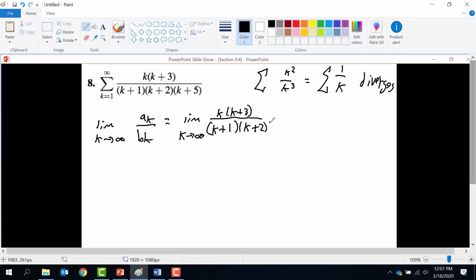I don't want to take the time to expand this. (k plus 2), don't need to. (k plus 5). And then you multiply by the reciprocal, so multiplying by k would give you an extra k here. And now when you're taking this limit, you look at the degrees.